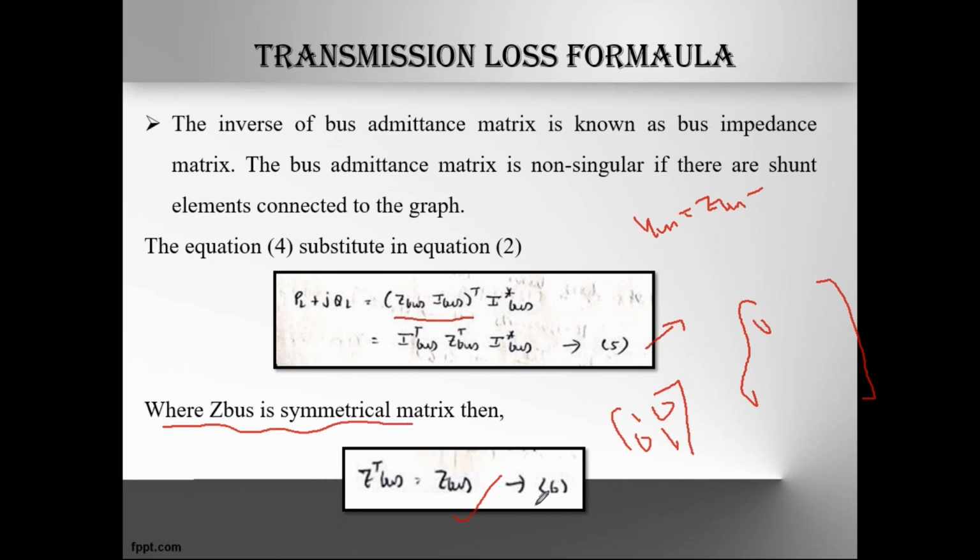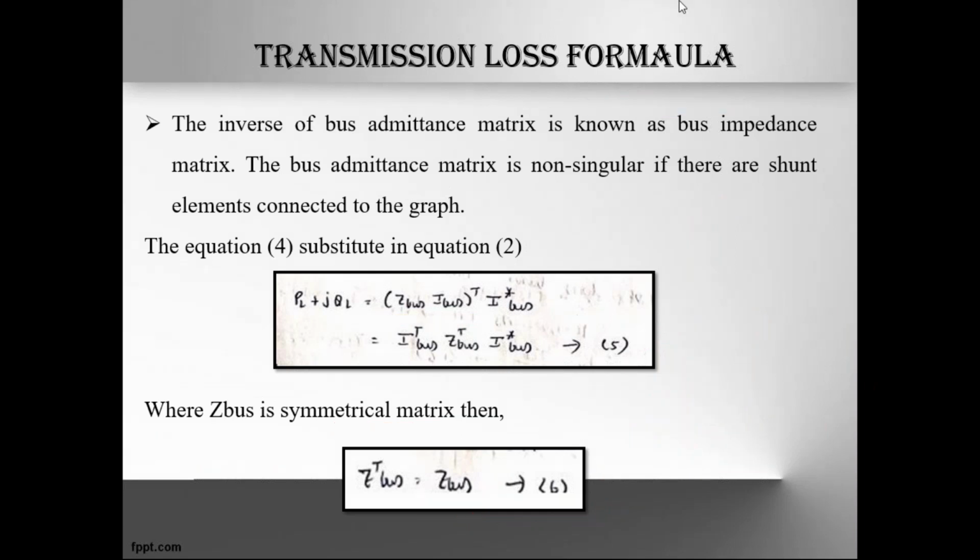And up to now, we found the sixth equation, and we substitute this sixth equation in the fifth equation. Substitute equation 6 in equation 5. So if you substitute here, what will you get? PL plus jQL equals I transpose bus Z bus I conjugate bus.